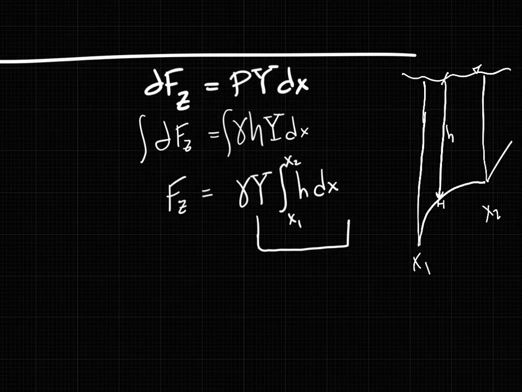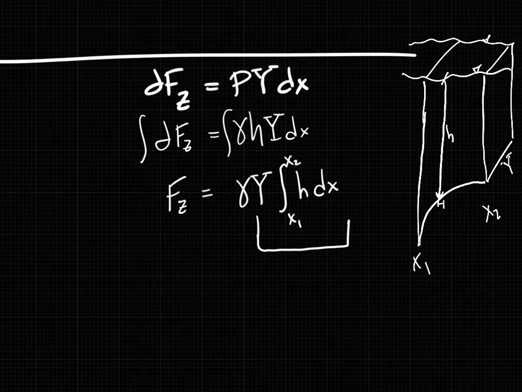And y is the width of this thing going this way, also going up to the surface. I shouldn't have drawn that. As usual, I screwed this up. It should be like that. There you go. So the question is, what is all this?